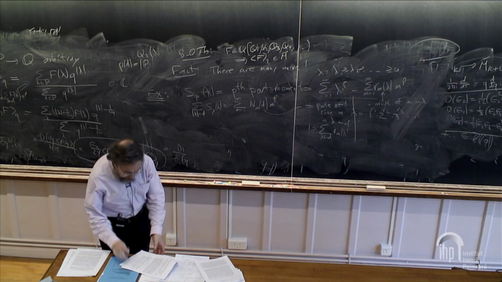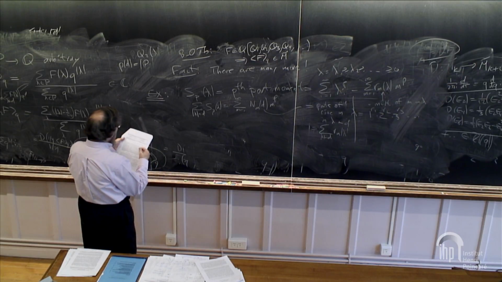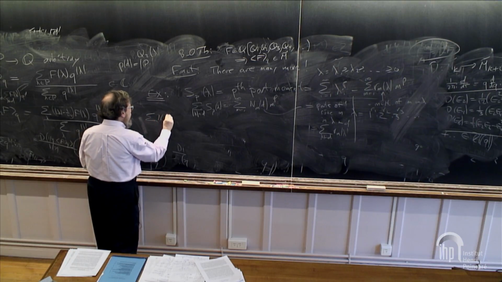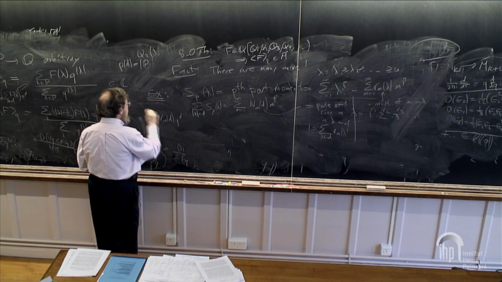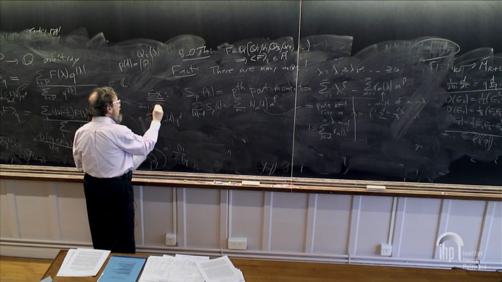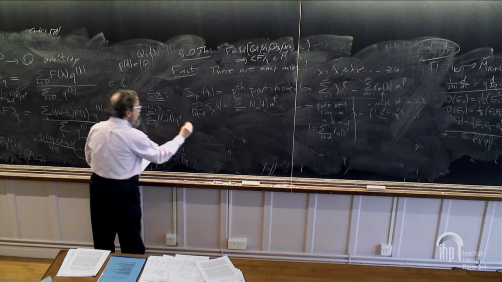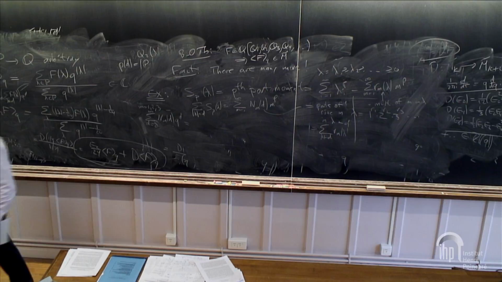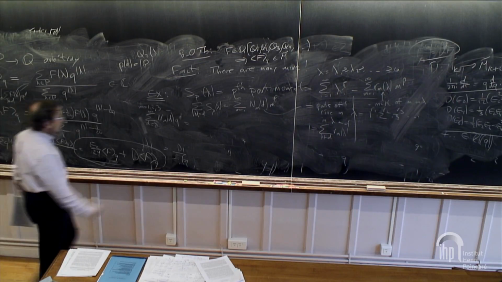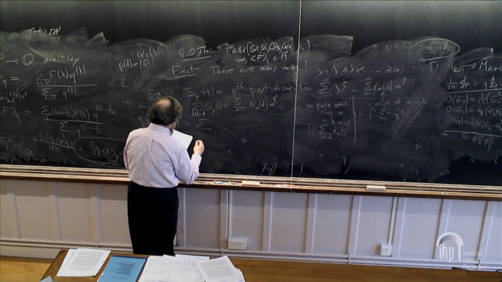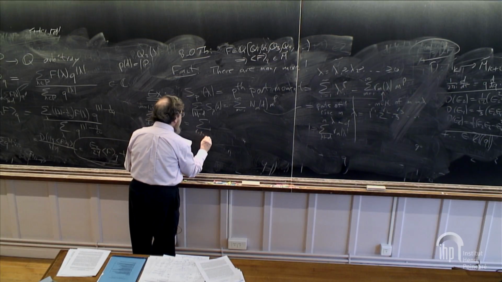Now, on the other hand, let's make the generating function of this n_m of d. So m is fixed, it's 1, 2, or 3, and d goes from 0 to infinity. So we're looking at all partitions. Every partition is a sum of a certain number R_1, R_2, and so on.